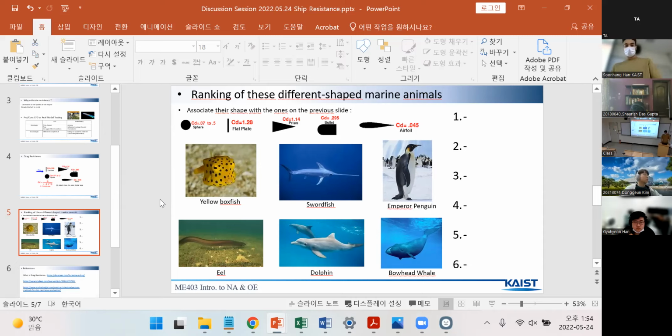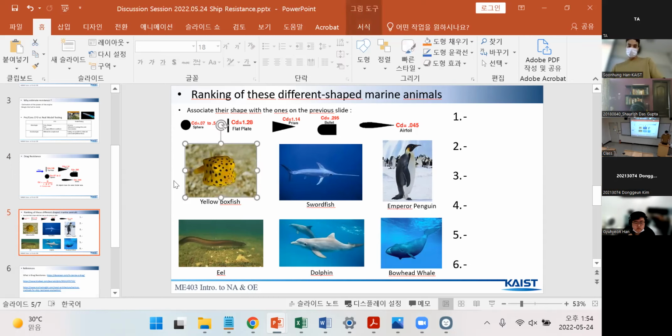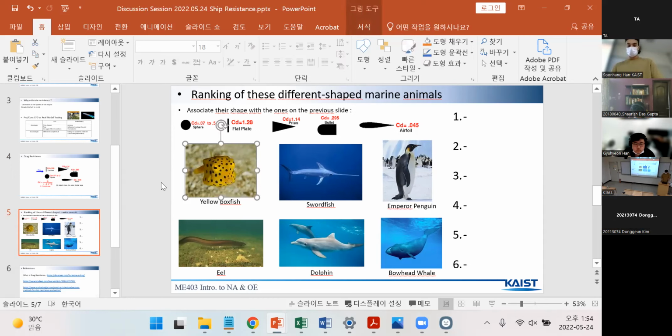Just looking at the name of the first fish, it's a boxfish, so I think it's the slowest of the six. The last.